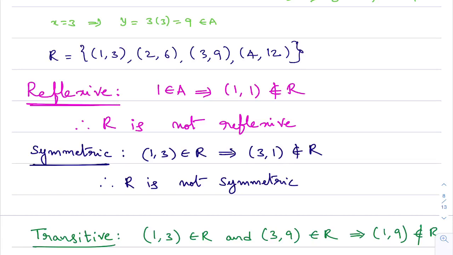What I am trying to say is, when it is not reflexive, you just identify one counterexample which is not satisfying the reflexive property. Because of this, we say it is not reflexive. You see here, 1 belongs to A, but ordered pair (1, 1) does not belong to R. That is a contradiction to the reflexive property, so R is not reflexive. I hope you are understanding what I am saying.